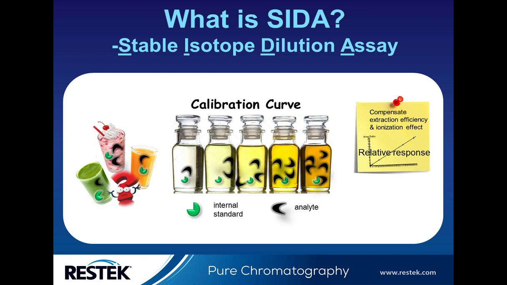In doing so, it is able to account for both the extraction and ionization efficiency. However, the tricky thing is this internal standard can be special, and usually it's a stable labeled isotopic internal standard matching to your target analyte. I will talk about this more in the following slides.